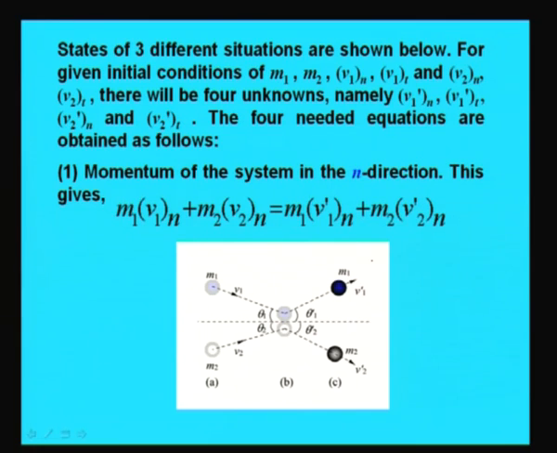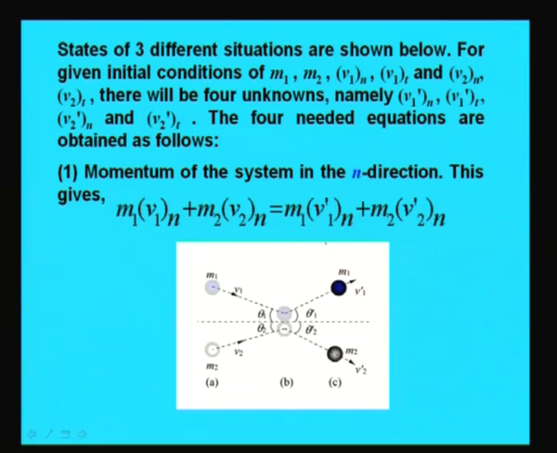Now the first equation we get is the momentum of the system in the n direction. This gives m1 v1n plus m2 v2n is equal to m1 v1 prime n plus m2 v2 prime n. So in the n direction the momentum remains conserved.